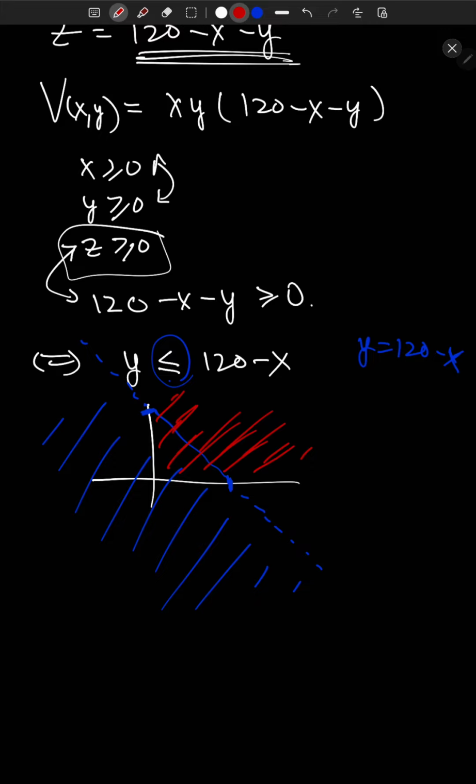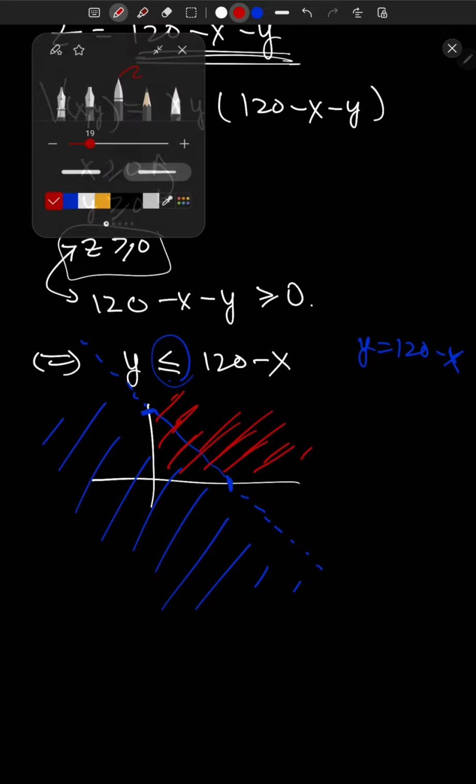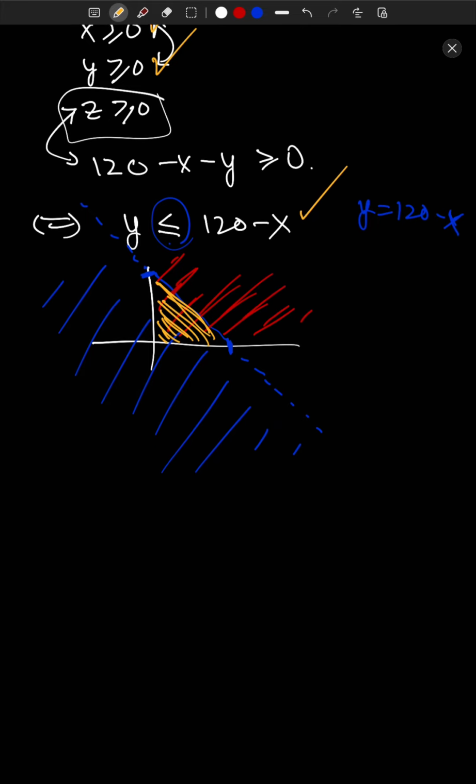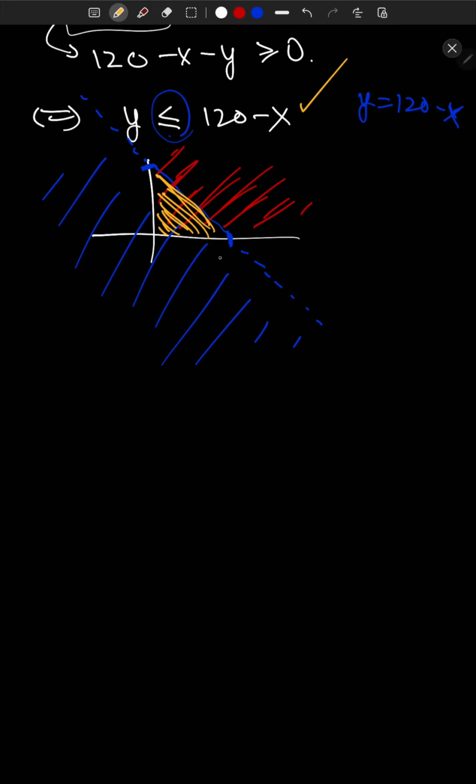So in order to satisfy all those conditions, ultimately, we're interested in this triangular region right there. Okay? That's where x is bigger than 0, y bigger than 0, and y is less than 120 minus x. All right? So that's how you get the regions for these kinds of problems. Okay, I should label this. So this is 120, 120, and of course that's 0.